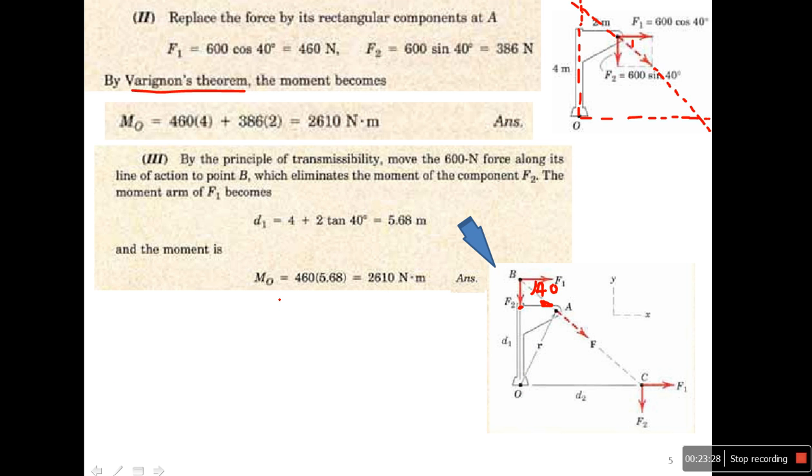So the moment equals F1, the component, multiplied by D1.